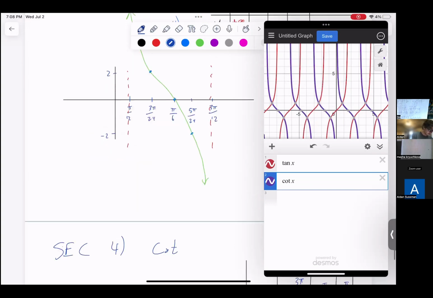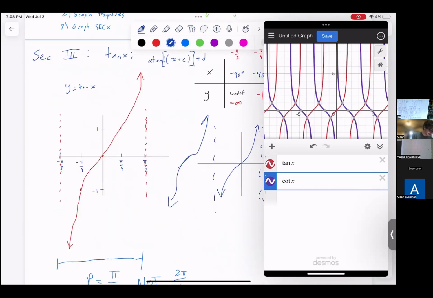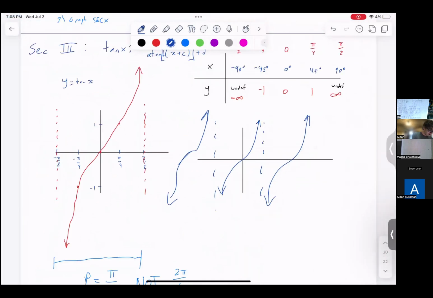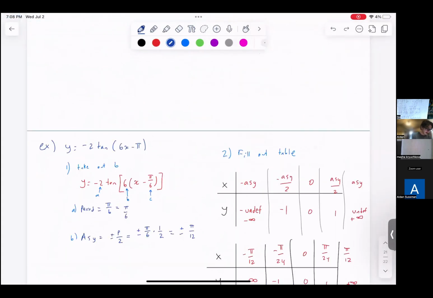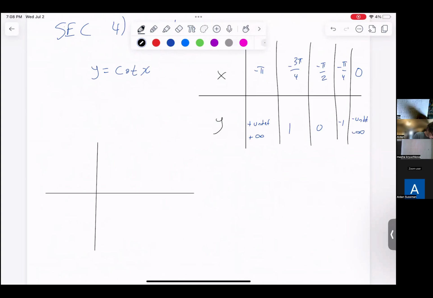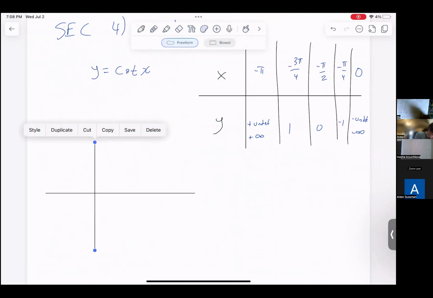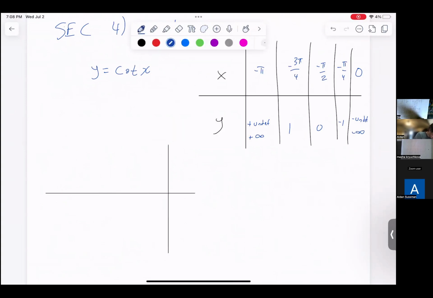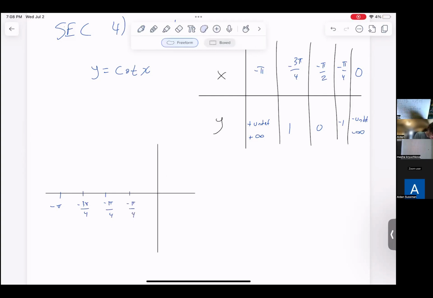Just like tangent, we know it repeats forever, right? It's going to keep repeating. But we care about this as our main one. And let's graph that. So we have negative pi, negative 3 pi over 4, negative pi over 2, negative pi over 4, and then 0.